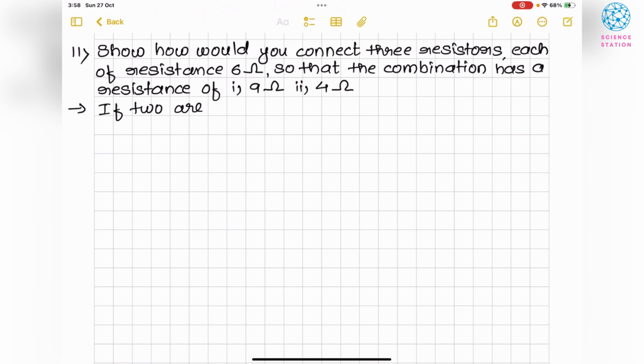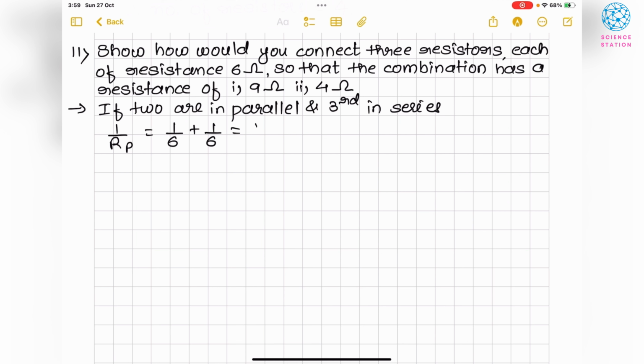Now 11th numerical says show how you connect 3 resistors, each of resistance 6 ohm, so that the combination has a resistance of first 9 ohm, second 4 ohm. So if 2 resistors are in parallel and third in series, so 1 upon Rp will be equal to 1 upon 6 plus 1 upon 6.